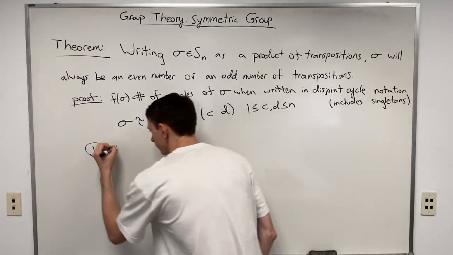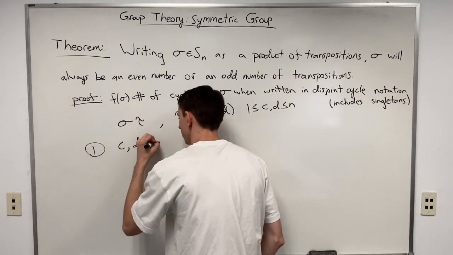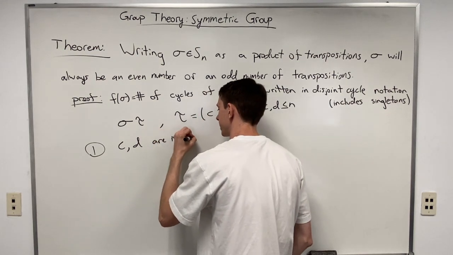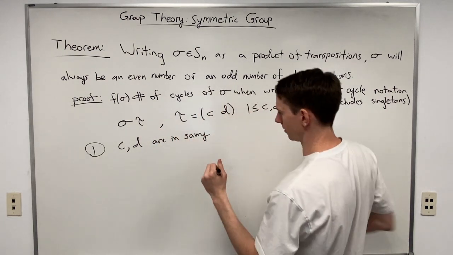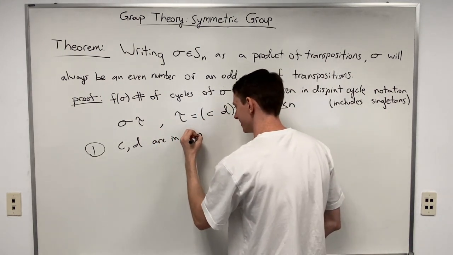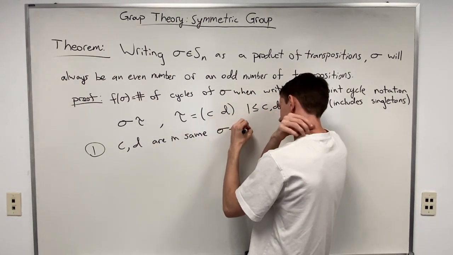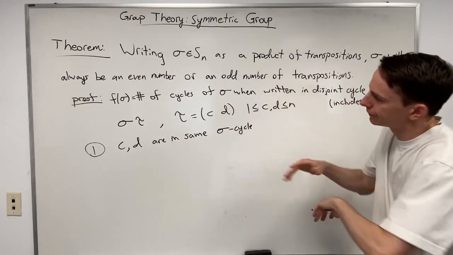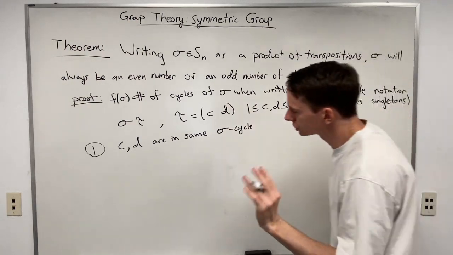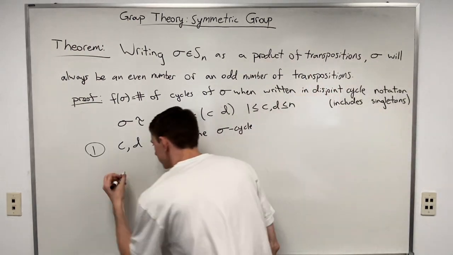So let's look at the first case, where c and d are in the same sigma cycle. Let's say it's some general cycle.